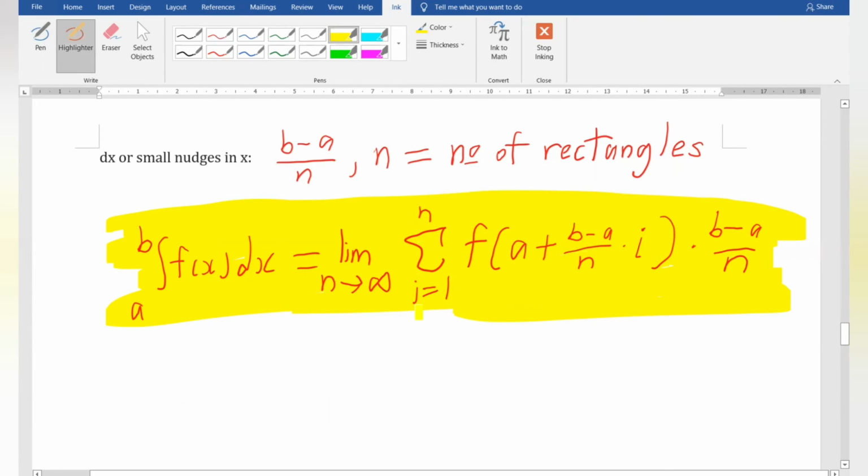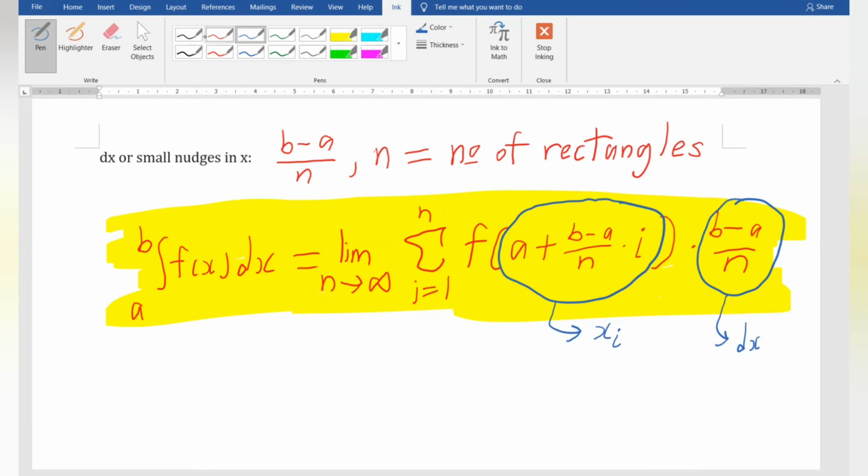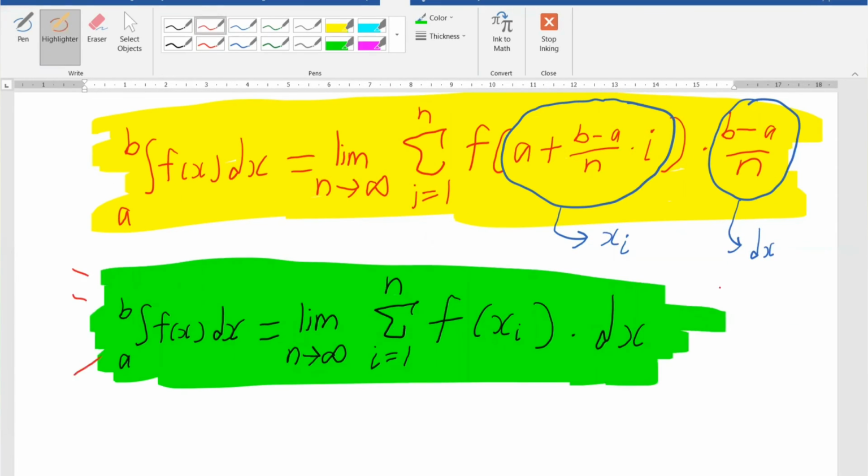Since we want to approximate the area over an increasingly large number of rectangles, for the sake of simplicity, express a plus ((b minus a) over n) times i as x_i and (b minus a) over n as dx.